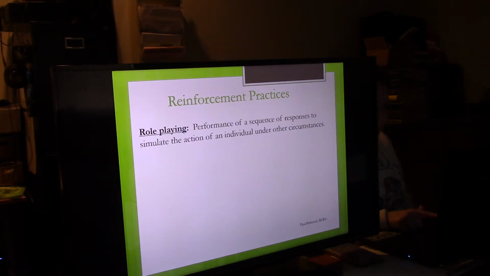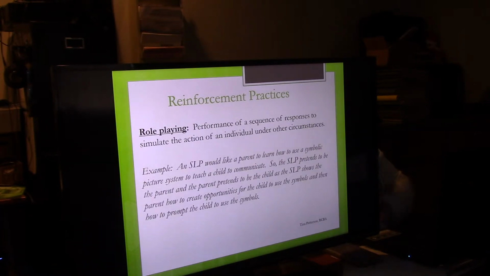Reinforcement practices. Role playing. So performance of a sequence of responses to simulate the action of an individual under other circumstances. The example: an SLP, a speech therapist, would like a parent to learn how to use a symbolic picture system, which is our PECS, our pictures for communication, to teach a child to communicate.